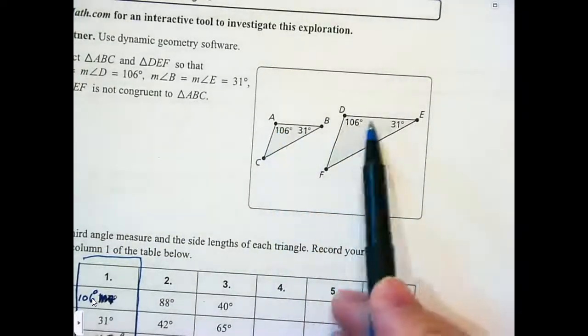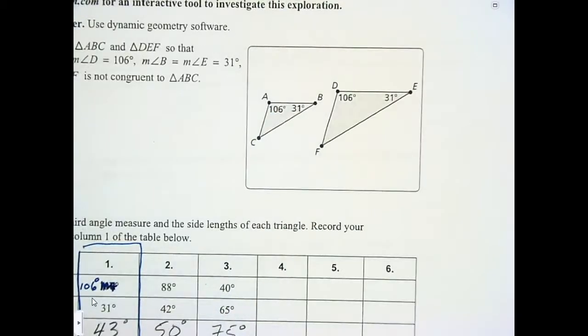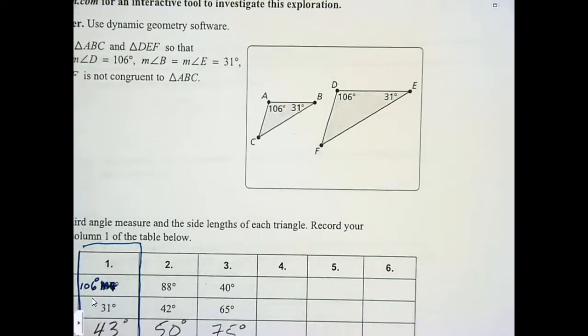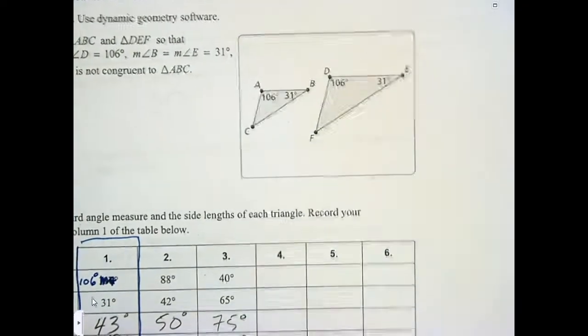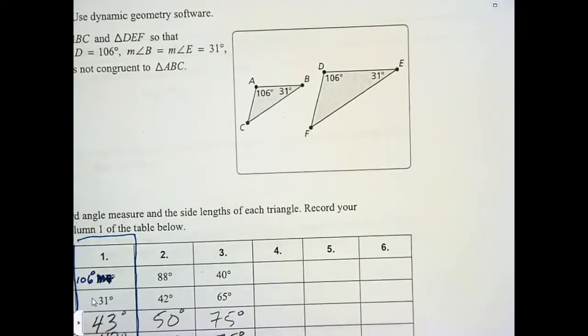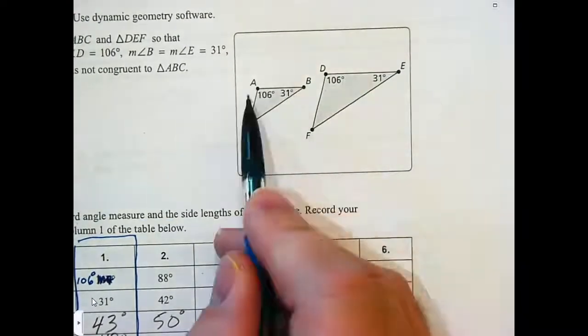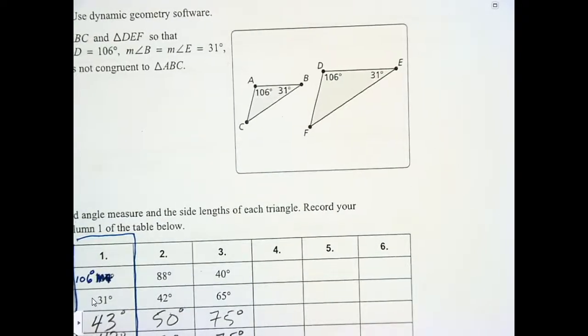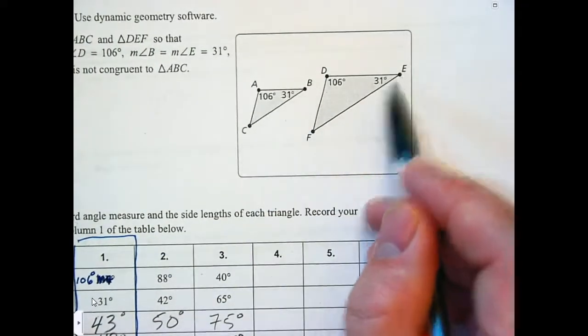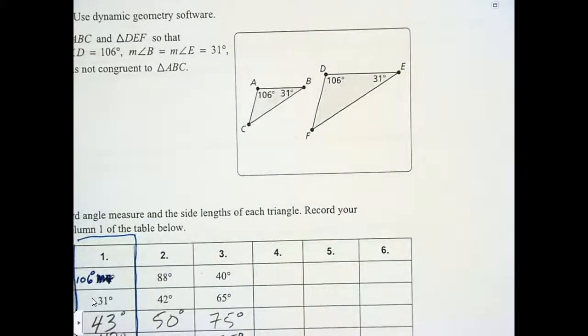So is AB proportional to DE, which is proportional to BC to EF? In other words, does this fraction form that proportion, AB to DE, is that the same as that to that? Which would be BC to EF, which would be the same as that to that.